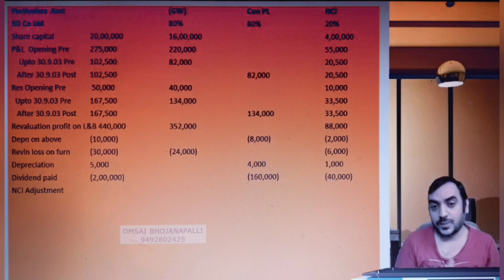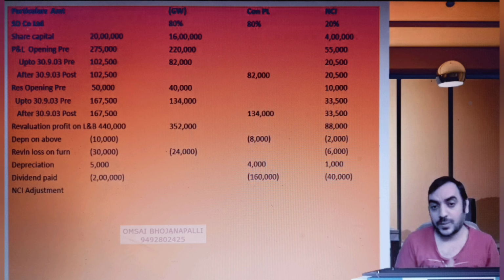When they have not given it in the problem, you can't say there's a printing mistake. What you should do, based on the given information, is make a reasonable assumption and do it. Fair value is 5% below proportionate. That is for NCI calculation. I am talking about land and building. That's for NCI calculation.